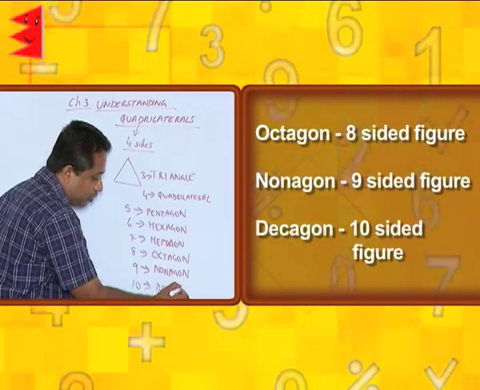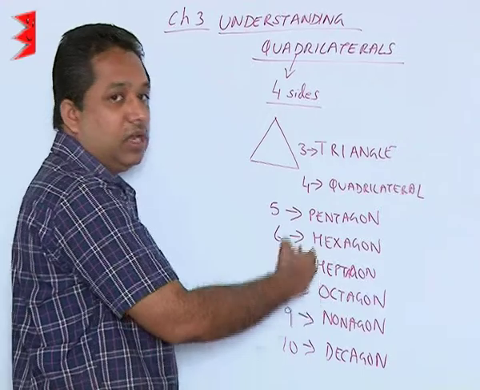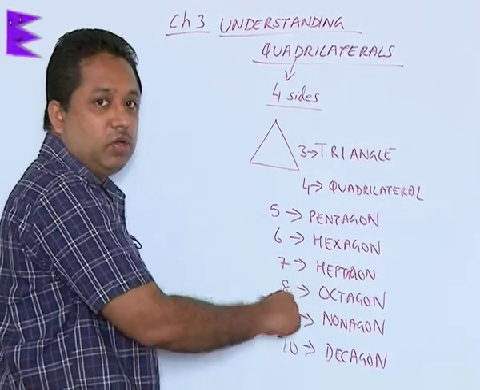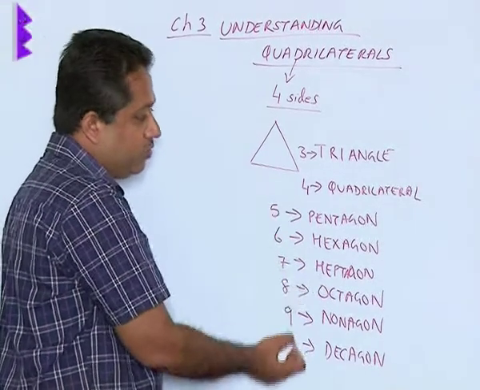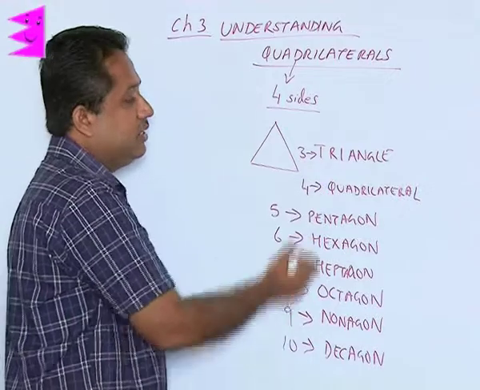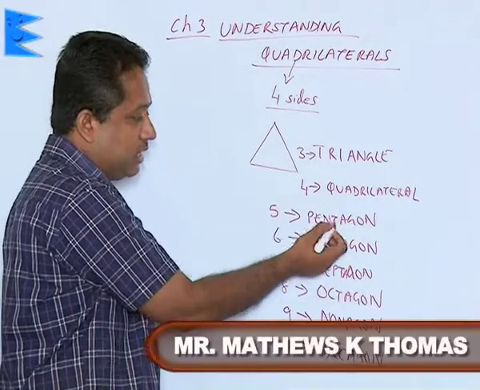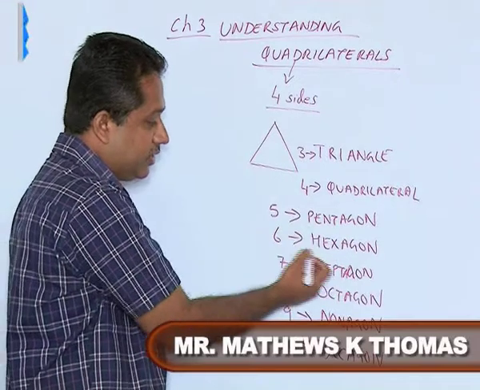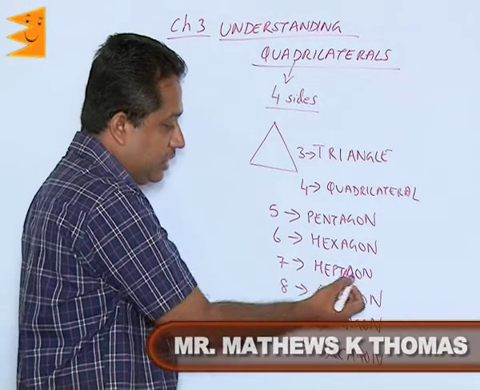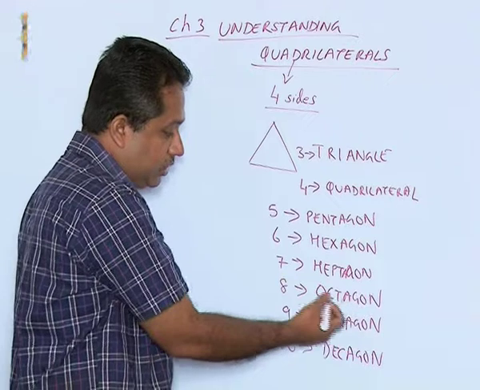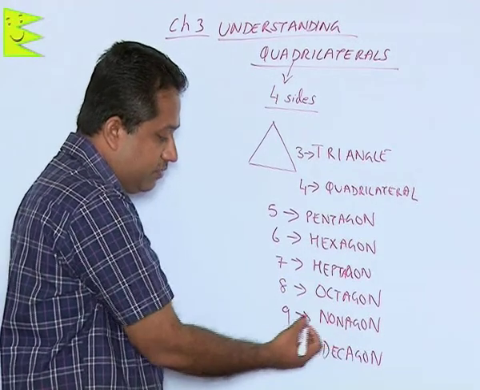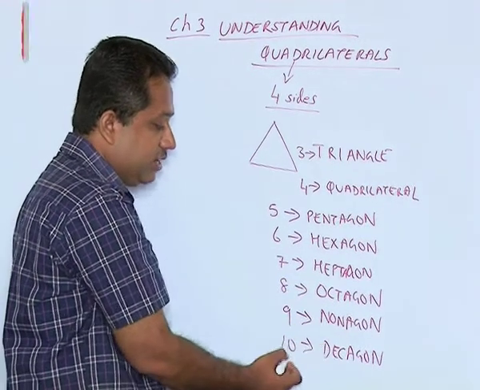Now, there are names also for 11 sides and 12 sides, but that will be beyond the course at the moment. So, we have to concentrate on these polygons: triangle with 3 sides, quadrilateral with 4 sides, pentagon with 5 sides, hexagon with 6 sides, a heptagon with 7 sides, octagon with 8 sides, nonagon with 9 sides, and decagon with 10 sides.